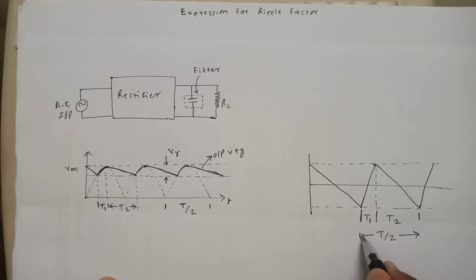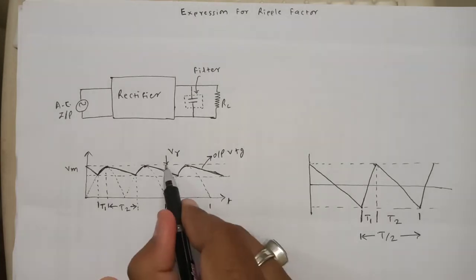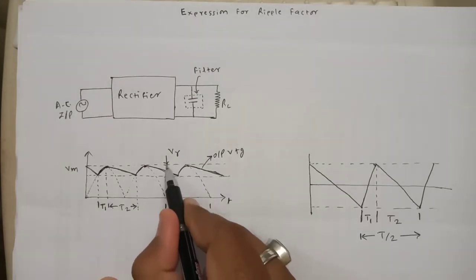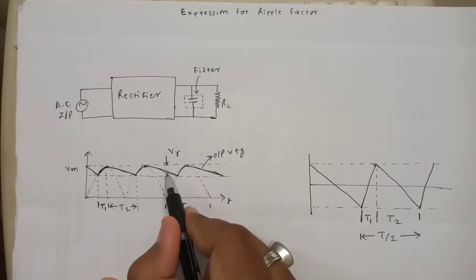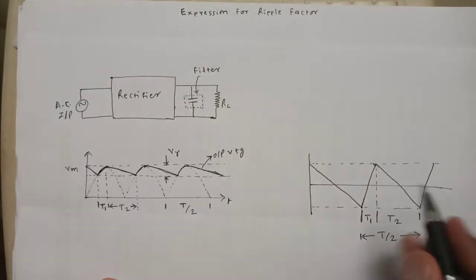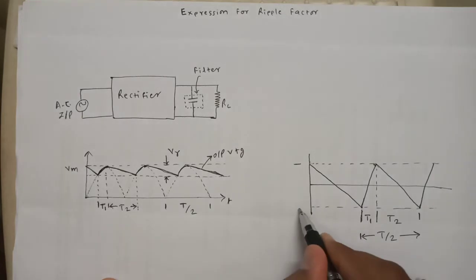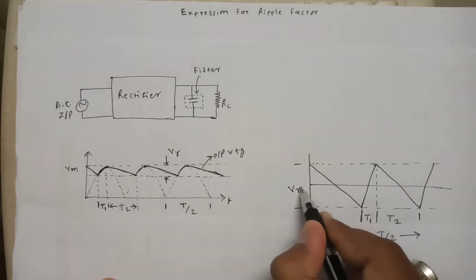The same notations which I used before, I have taken as they are. Another thing is that the peak to peak value of this waveform is called VR, so I will write the same thing here. This peak to peak value is nothing but VR.